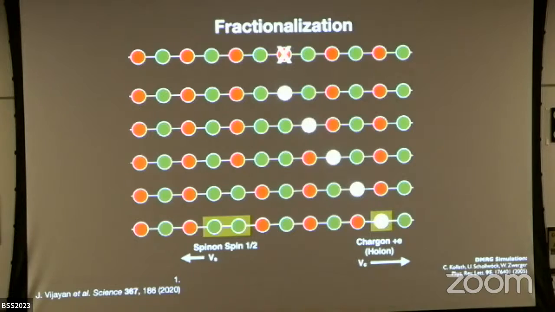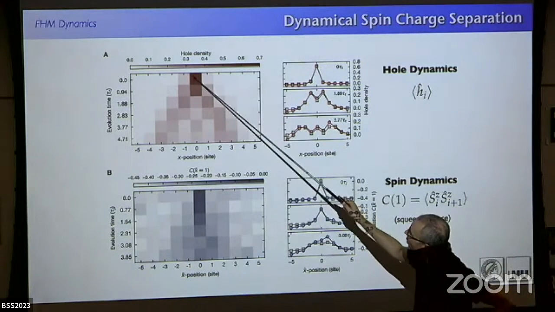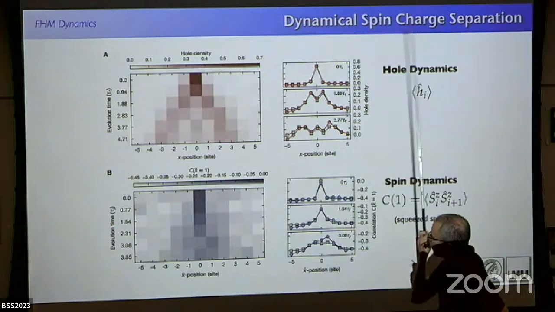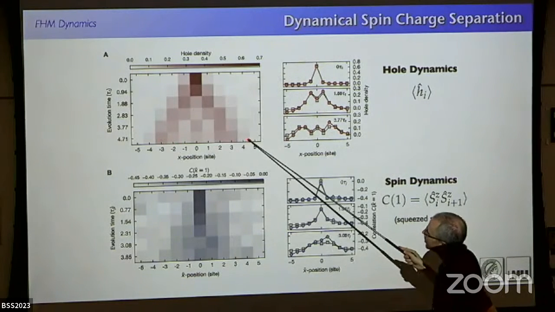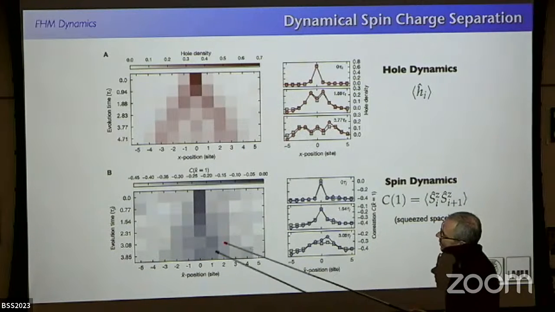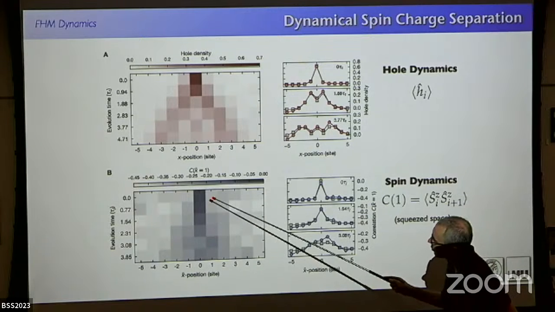All right, and they propagate with different velocities. Yeah, we can measure the velocities, so we can see how the hole propagates. It just does a quantum walk, like a single particle quantum walk. We can measure the probability distribution of the hole, and we can also look at the next neighbor spin correlation.